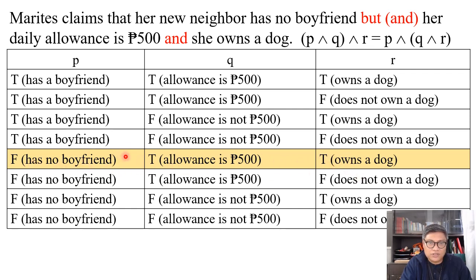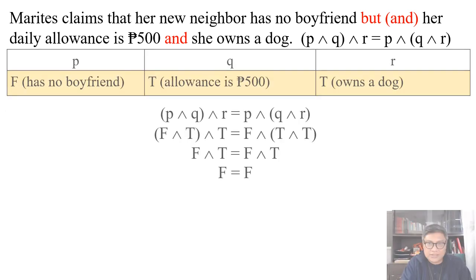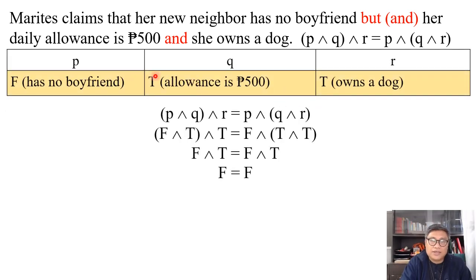Okay, so false, true, true. So we are given here the false, the true, and the true. Remember that this is the first thing that we did. We identify the possibilities among the 8 combinations. Then we just take this one as our case. Then, of course, we are given also the symbols here.